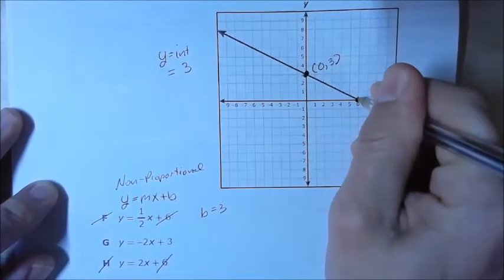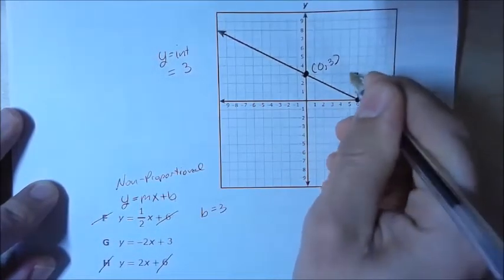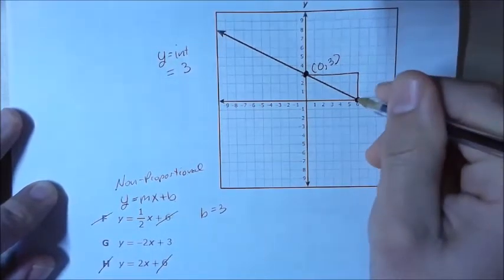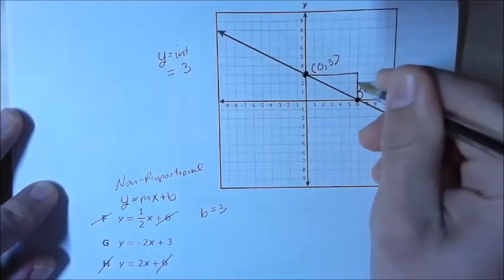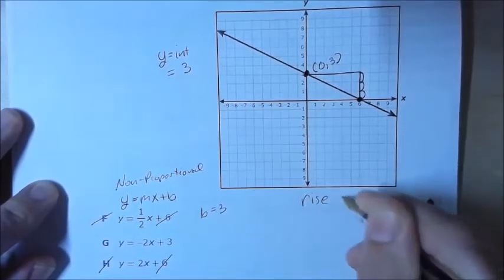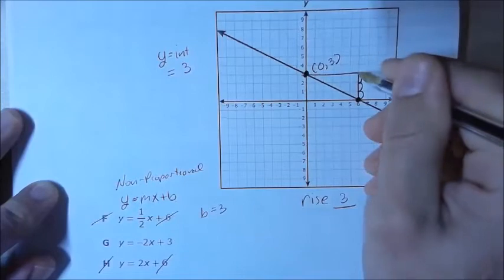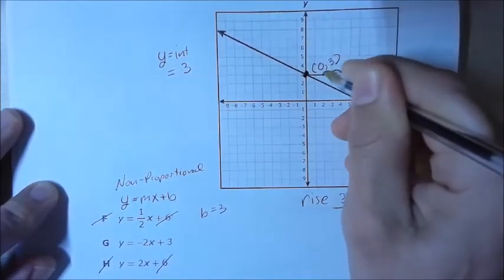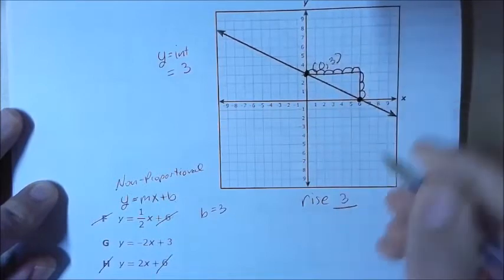But we can use that point. We can go up here and then go over. And now we just need to count our rise over run. So our rise is going to be 1, 2, 3. So my rise is 3, and my run is 1, 2, 3, 4, 5, 6.